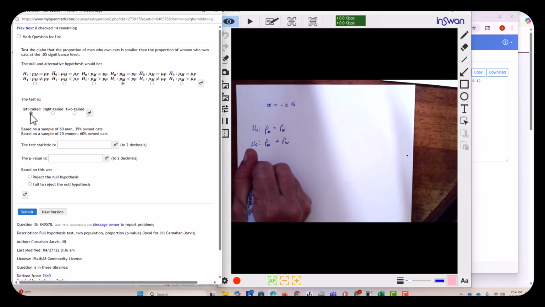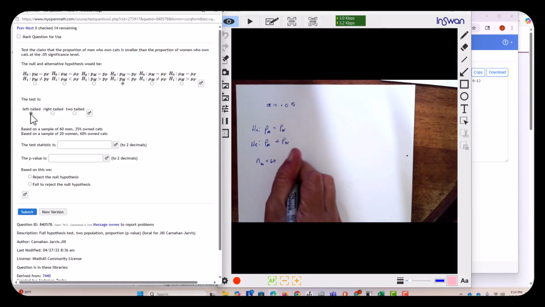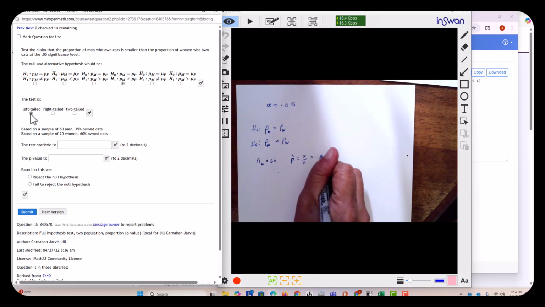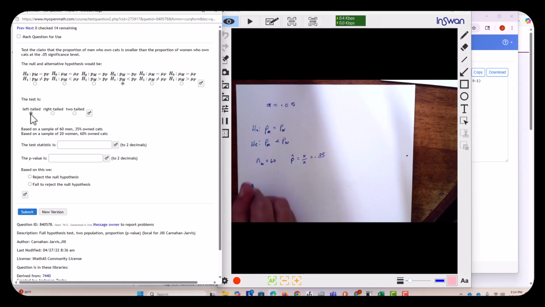So we know that N for men is 60, and we know that the percentage P hat is equal to, remember, X over N. And then they give it to you as a percent. You have to convert it back to get X. N of women was 20.